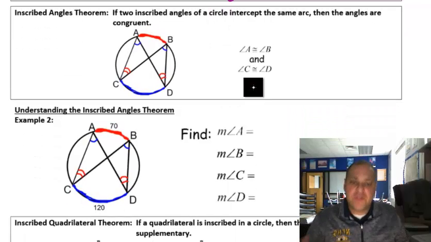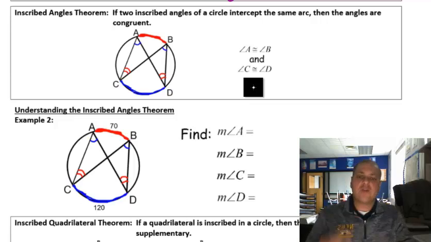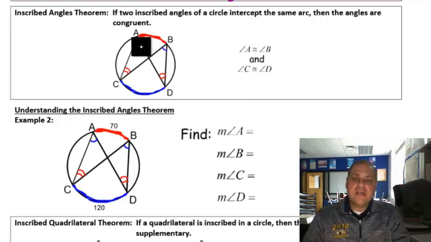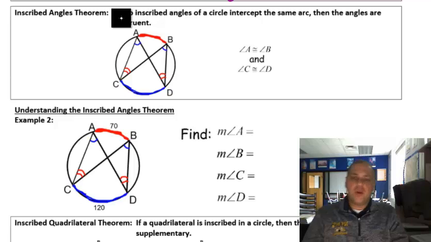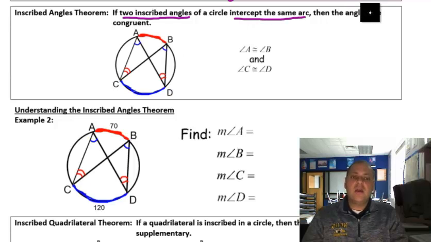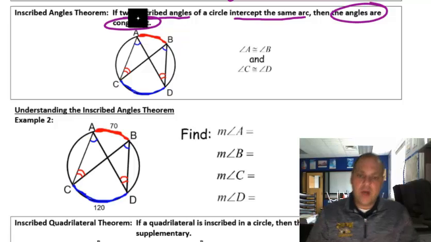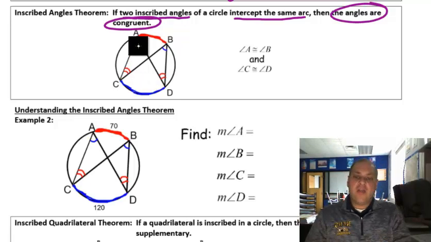Here's the inscribed angles theorem, okay? And I use colors, and it's already done for us here. I'll read it for you. If two inscribed angles intercept the same arc, then the angles are congruent. How do I know that? Well, here's angle A. It's blue.